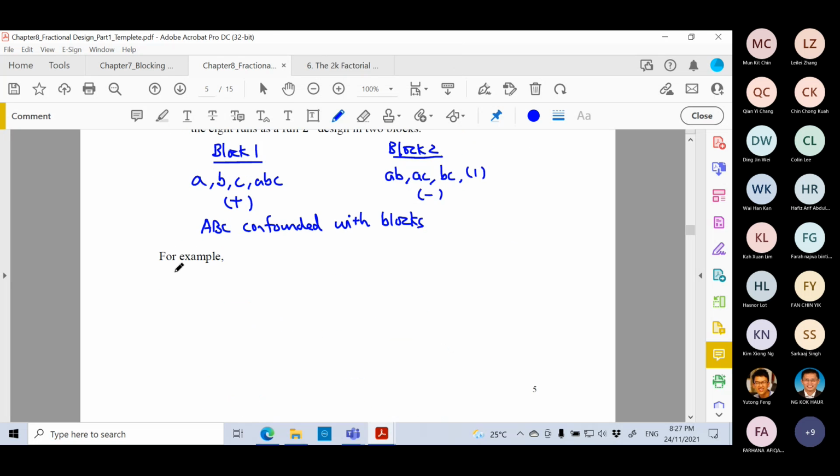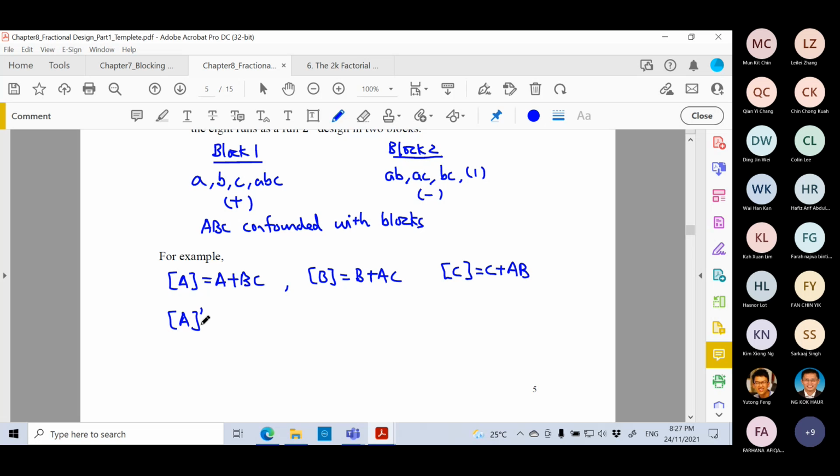So you observe, just now you get A equal to A plus BC. You do B, it is equal to B plus AC. You do C, you will get C plus AB. This one, I run the first half. If I run the other half, right?